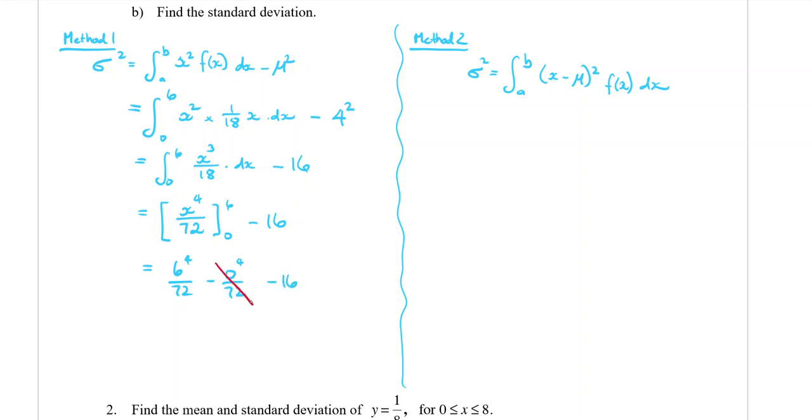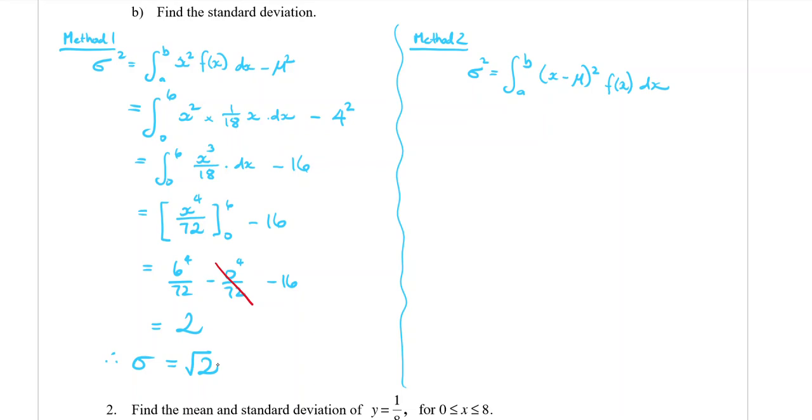That 0 to the power of 4 is nothing. So you're typing in 6 to the power of 4 over 72 minus 16. It's 2, yes. Now that is not the standard deviation, that's the variance. If you want the standard deviation, therefore standard deviation is equal to the square root of that, so square root of 2.